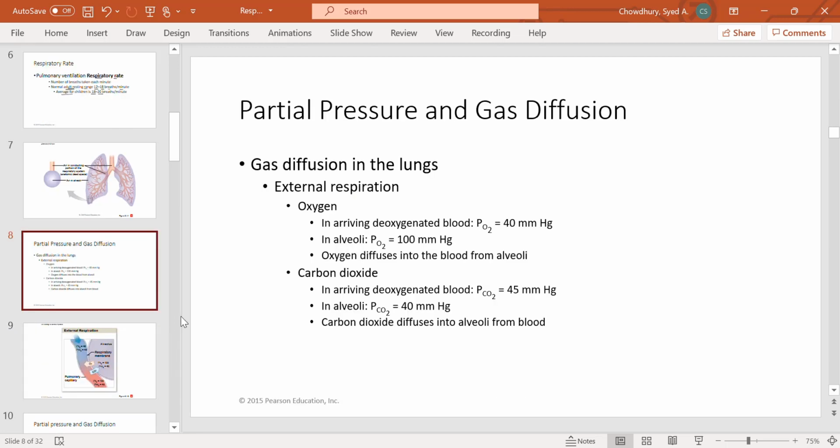Okay, partial pressure and gas diffusion. As I mentioned, the rule is gas always moves from high pressure to the low pressure. Okay, so that is very important to know. So the oxygen and carbon dioxide both move from the high pressure zone or area to the low pressure zone.